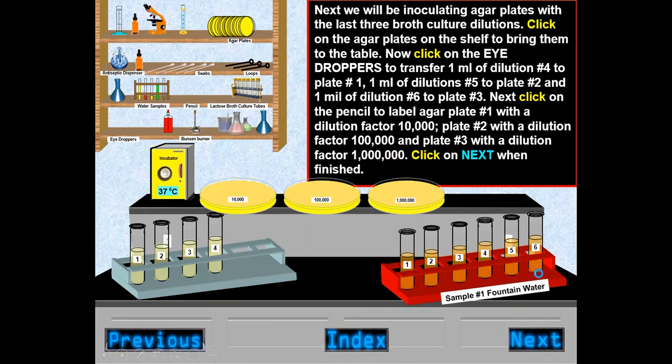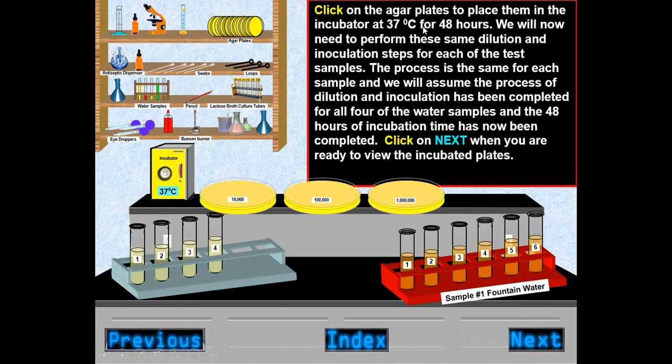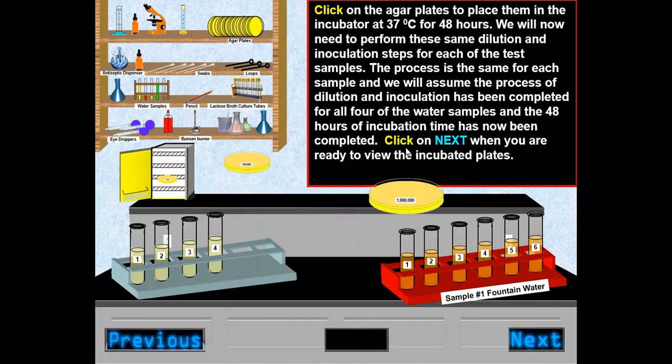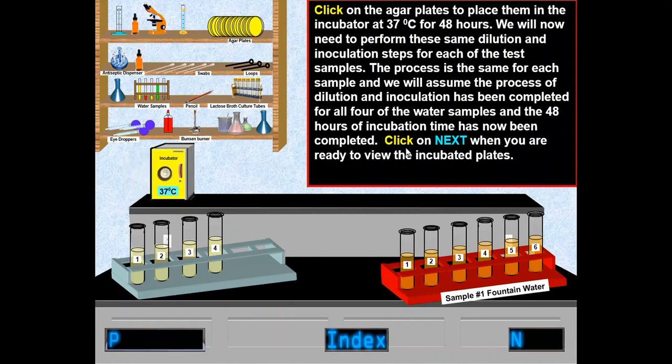Okay, done. Next. Click on the agar plates to place them in the incubator at 37 degrees Celsius for 48 hours. And click on next.